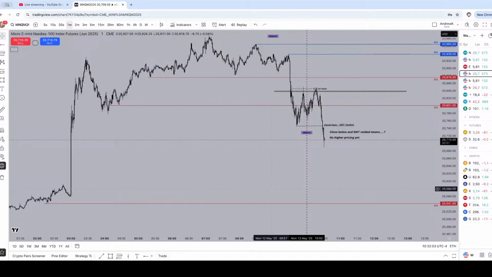I truly do not have anything else other than in between here is liquidity. Truly. The SMT is voided. So the only thing left is the lows at around 220 from last night.